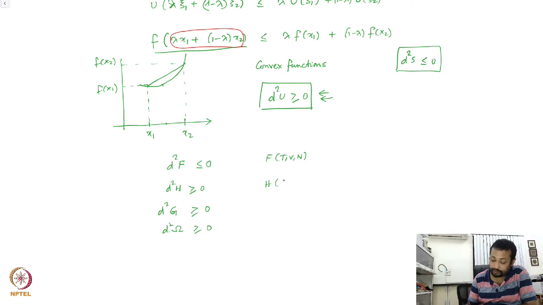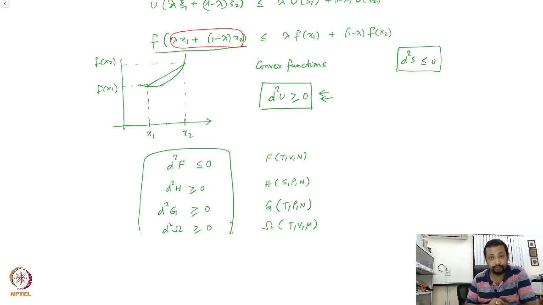H is a function of S, P and N, if you recall your Legendre transformations. Sorry, Legendre transformation, not Lagrange transformation. If you recall your Legendre transformation, G is a function of T, P and N, and omega is a function of T, V and mu. So this forms the stability criteria for a thermodynamic system.